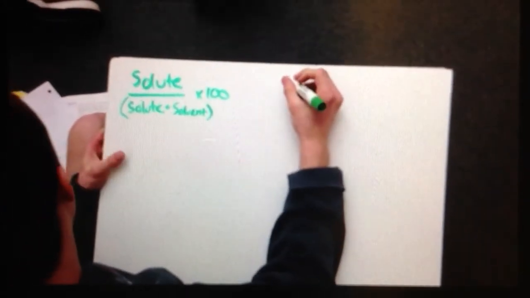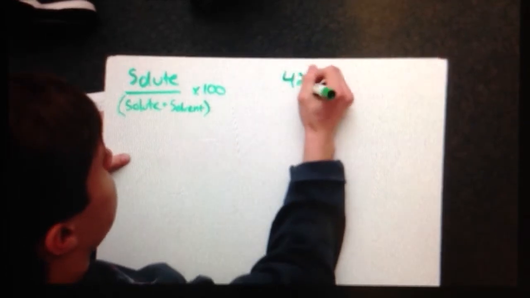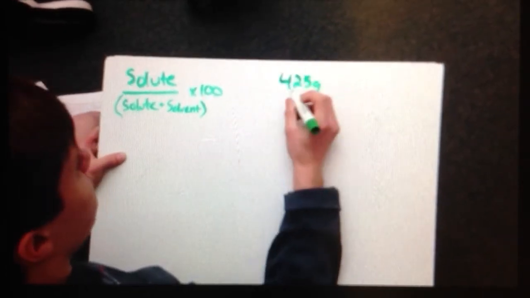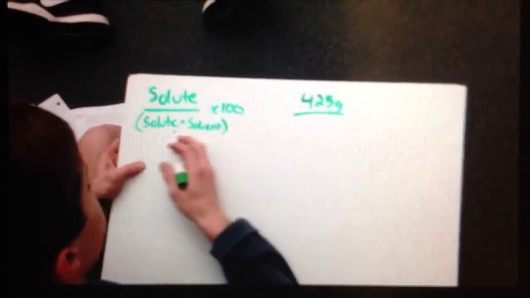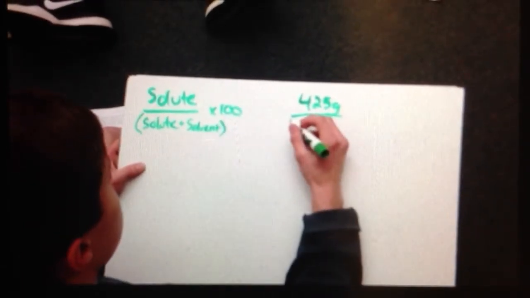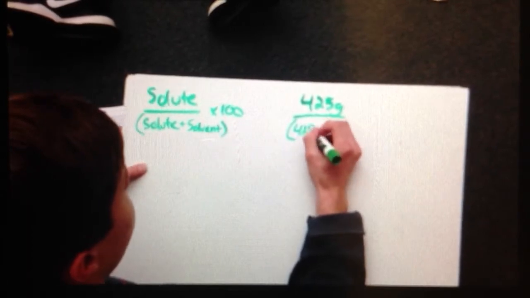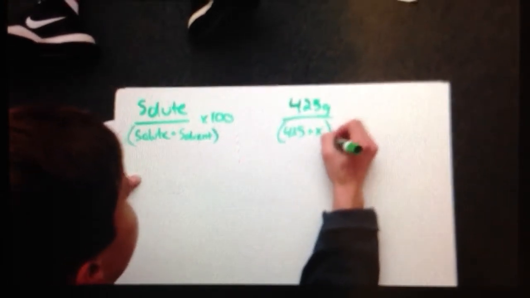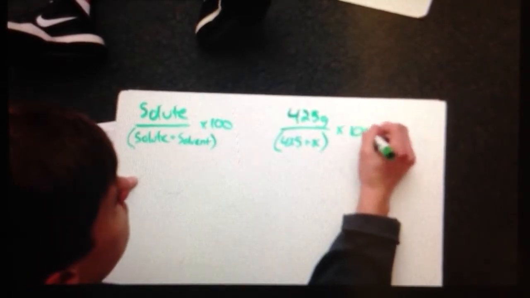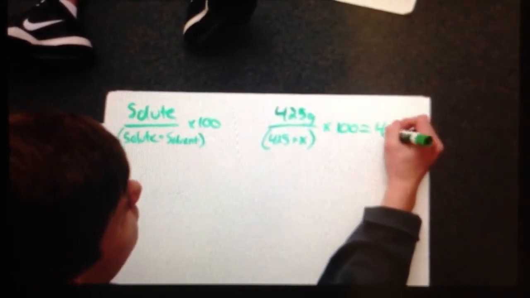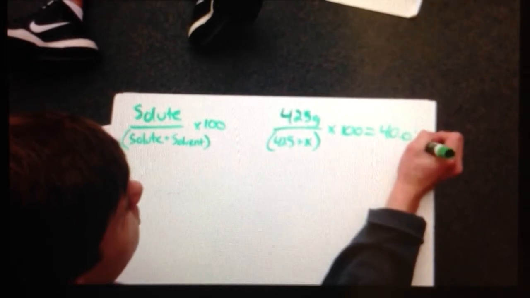So the solute was 425 grams of formaldehyde, which would be over, since the solution is the solute plus the solvent, 425 plus X, times 100 equals 40%.